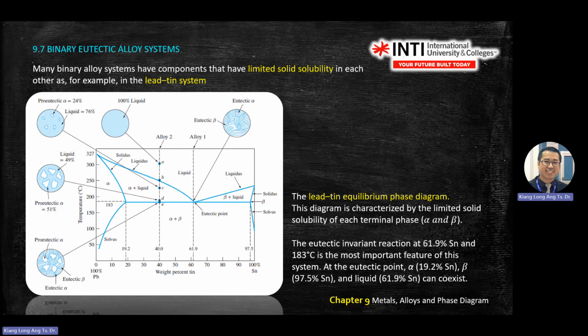One is alpha, one is beta. So how many percent of alpha do you read from the graph? Extend from here, reach alpha, drop down, you get 19.2% Sn. Move to the right, drop down, you get 97.5% Sn. So Sn has two forms, one is the alpha form, one is the beta form. Okay, the percentage of each is also important.